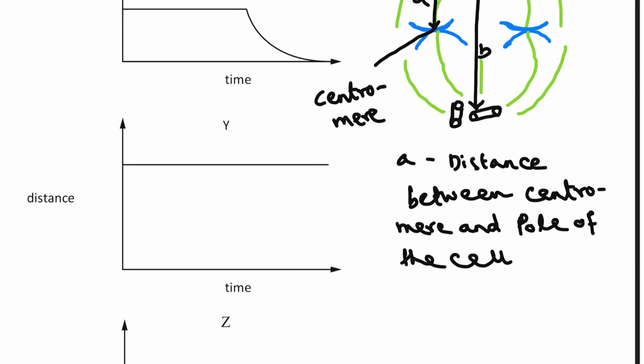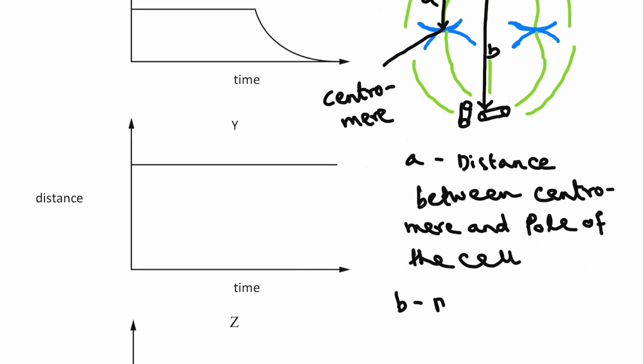The distance B is the distance between two poles.